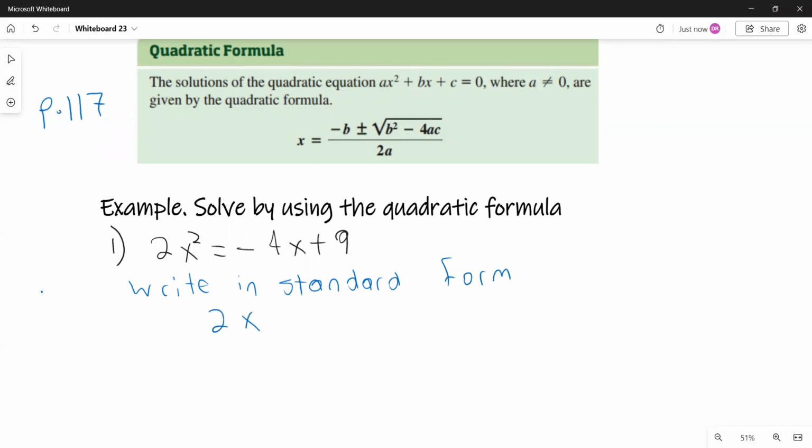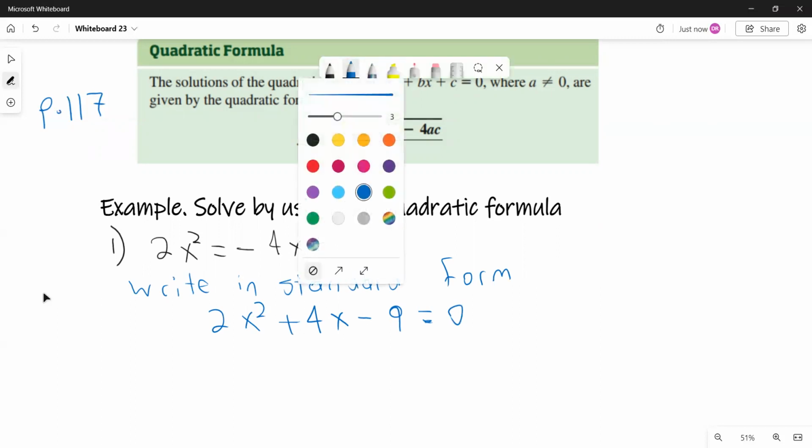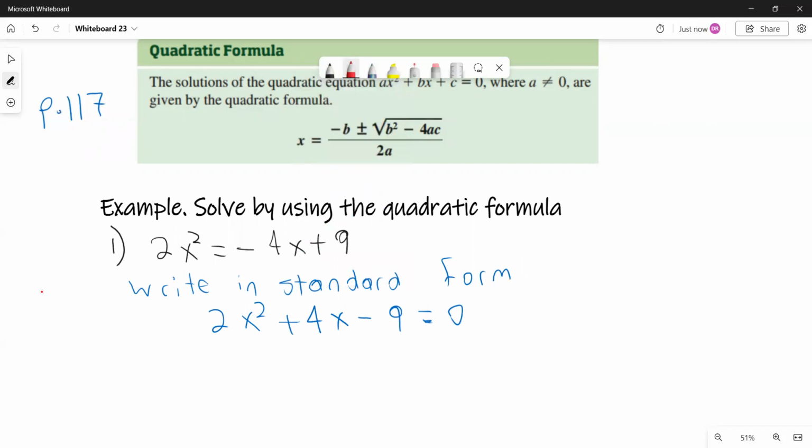That is 2x squared plus 4x minus 9 equals 0. And we can use the quadratic formula where a is 2, b is 4, and c is negative 9.